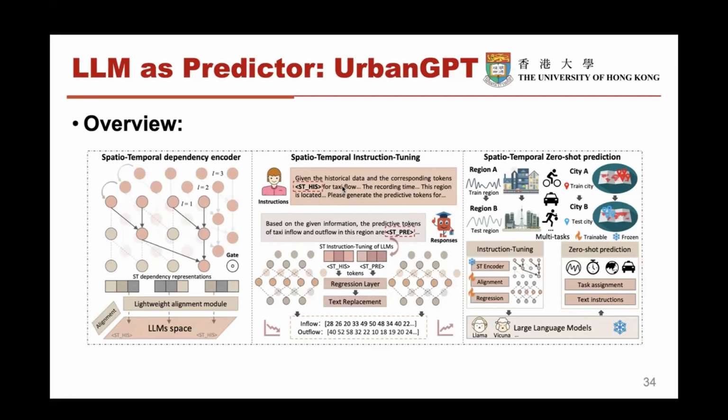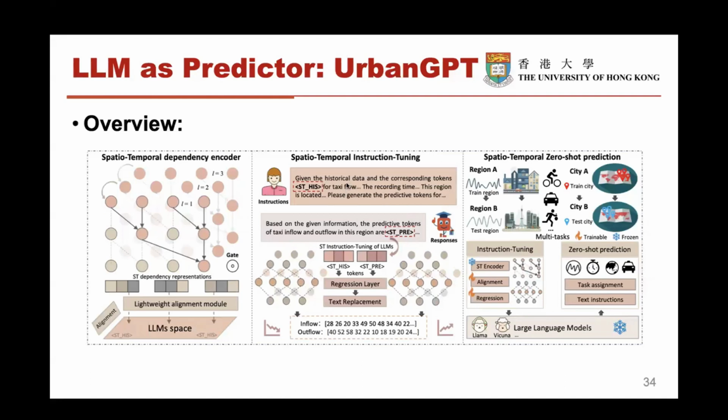So you said the temporal data is mostly text-based, right? No, the input of our UrbanGPT has two parts. One part is the spatial temporal data, and the second part is language, which corresponds to the spatial temporal data, such as the POI information and the specific time slot of the spatial temporal data.